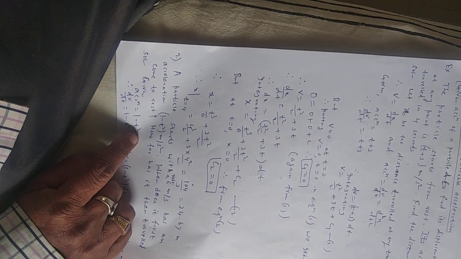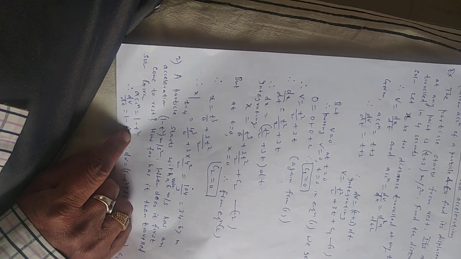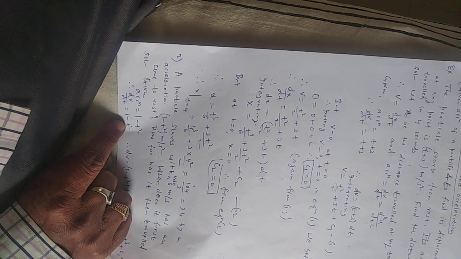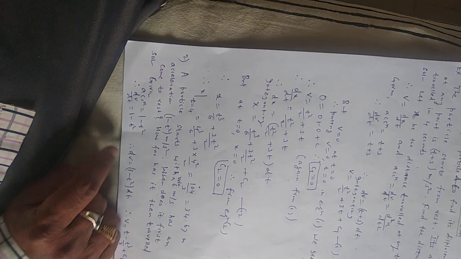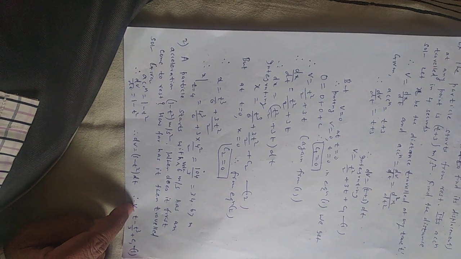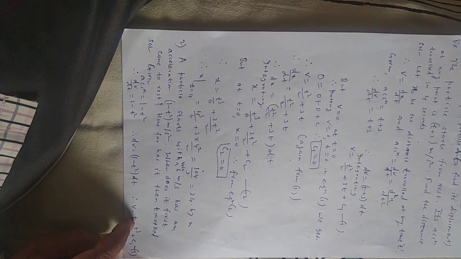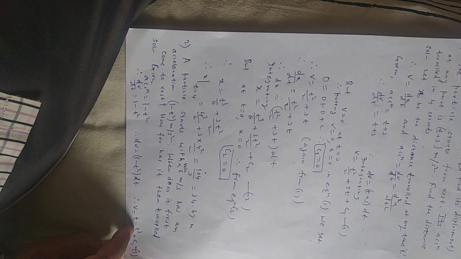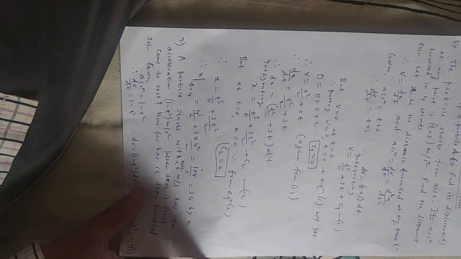What is given? Acceleration is given as 1 minus t square. Again, acceleration is dv by dt, so dv by dt is 1 minus t square. Separate the variables. dv is equal to 1 minus t square dt, and integrating both the sides we get v is equal to integration of 1 is t, integration of t square is t cube by 3, plus the constant c1.